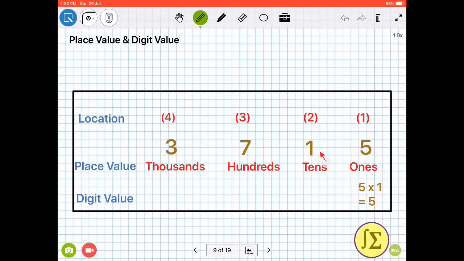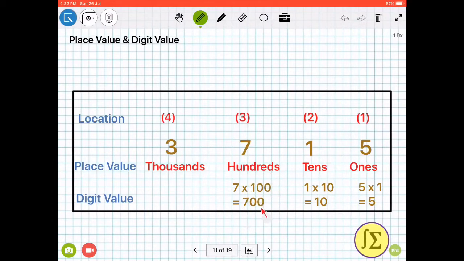What about the second one, number 1? Since it is in the tens column, you take that 1, multiply it by 10, you get 10. So the value of this digit in this number is 10. The third one, 7, is in the hundreds place, right? So you take that digit 7 and multiply it by 100.